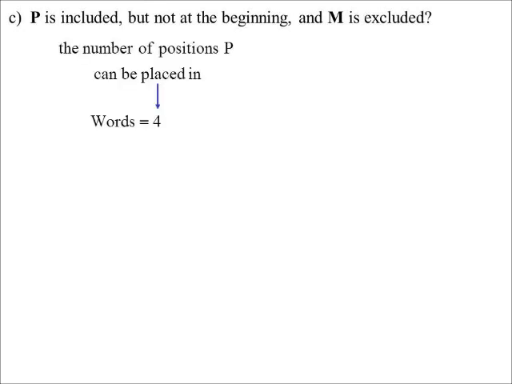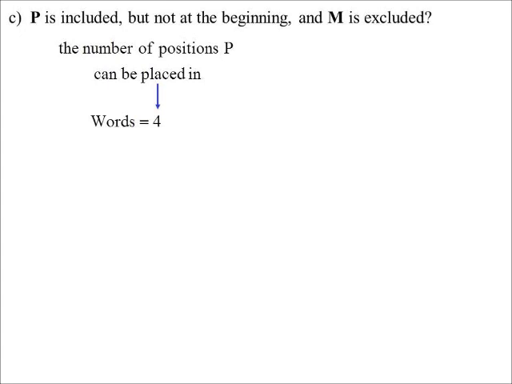Alright? What about P's included? Doesn't necessarily have to be at the start. In fact, no, it's not going to be at the start. We're going to put it in, not at the start. And by the way, we don't like the letter M, so we're not going to use M. How many ways? Again, let's look after the restriction. So P is included, but not at the beginning. So 4 ways I could do that. There's 5 spots to put the letter.